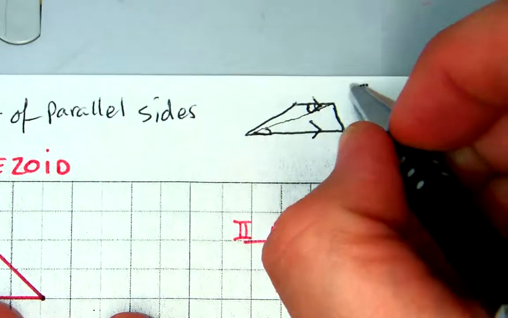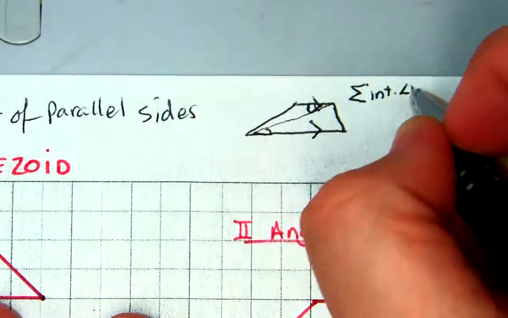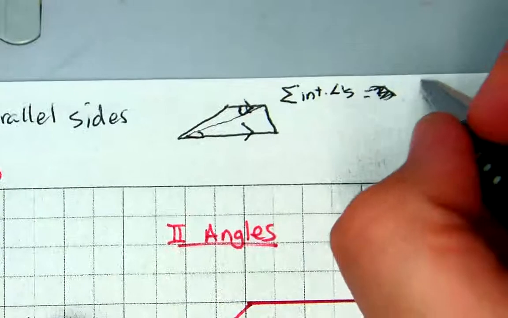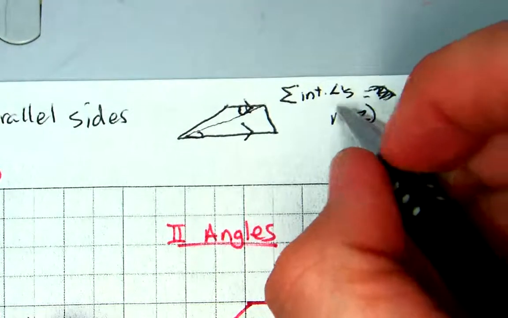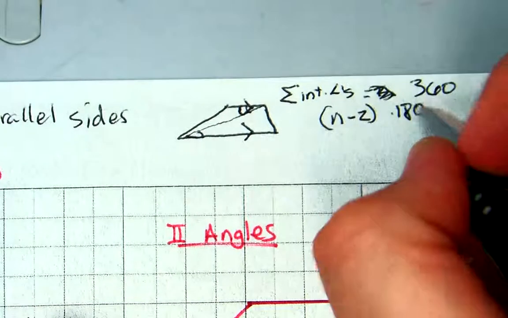Some other things you need to know: the sum of the interior angles is equal to 360, from the n minus 2 times 180 formula.